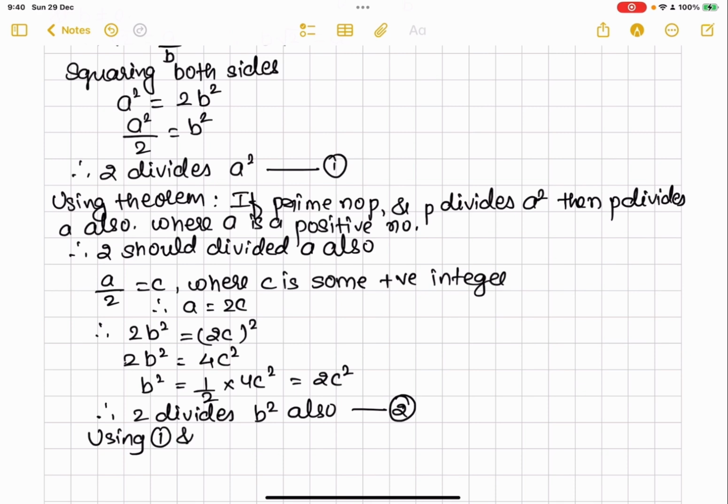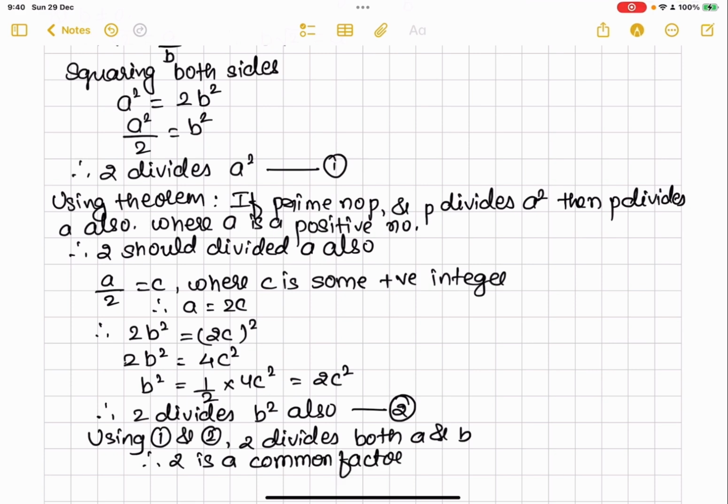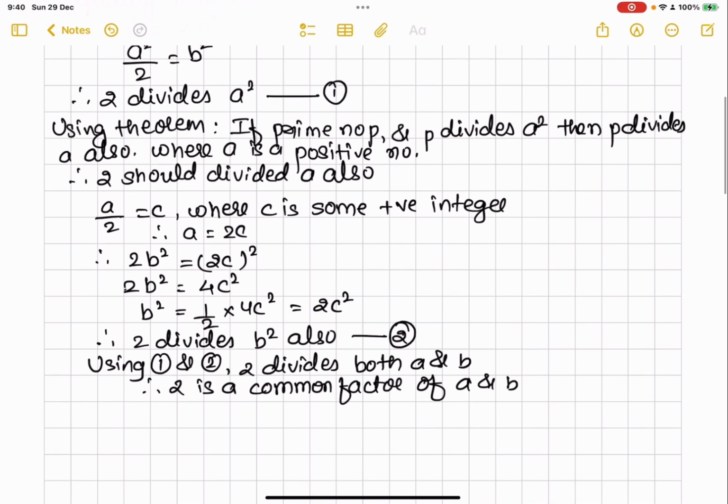Now using 1 and 2, I can say 2 divides both A and B. Therefore 2 is a common factor of A and B. Therefore A and B are not co-prime numbers.